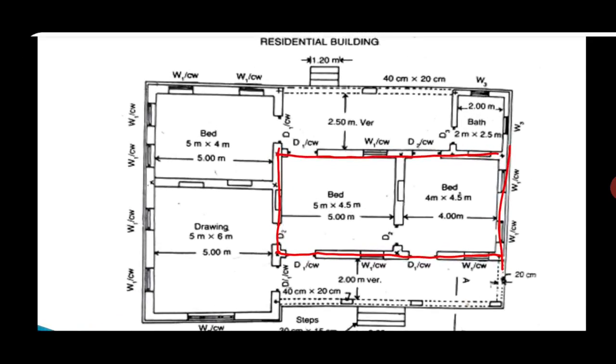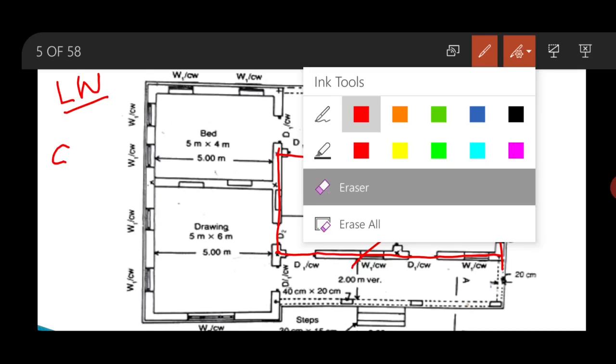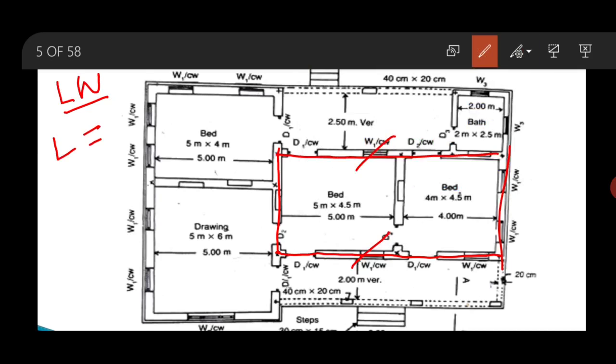Okay. And these two are the long wall for the second part. So in order to get the length of the DPC along long wall, this will be equal to the center to center length of long wall.